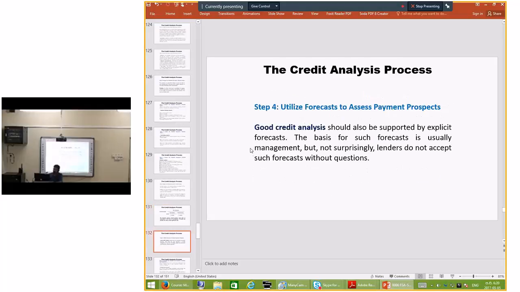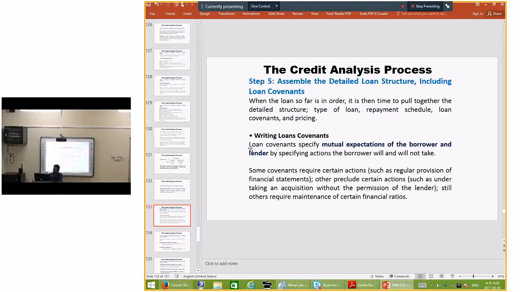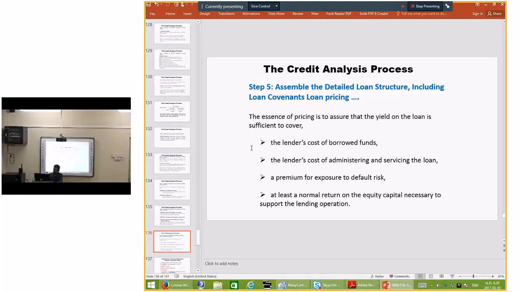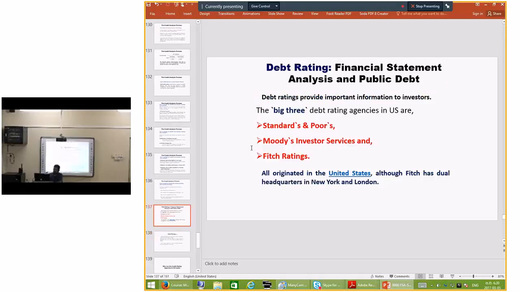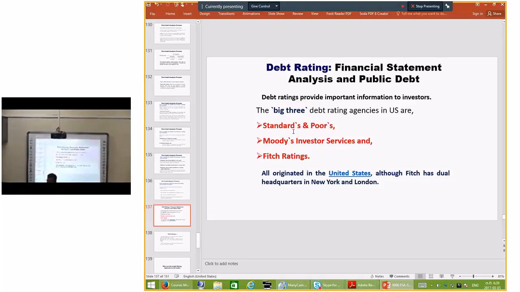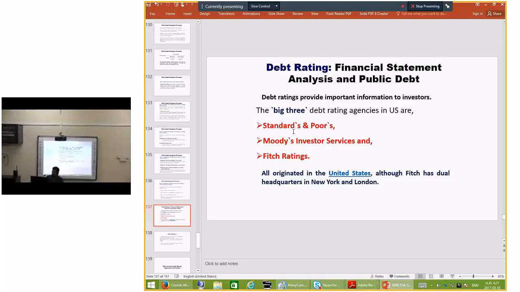I think you have enough confidence about this course unit, right? Those are additional details. Yes, I asked about the debt rating organizations: Standard and Poor's, then Moody's Investor Service, then Fitch Rating.